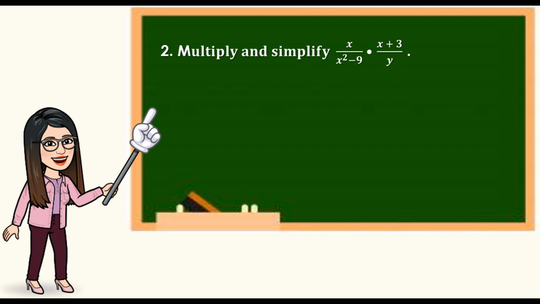2. Multiply and simplify x all over x squared minus 9 times x plus 3 all over y. Before we solve the given expression, let us first factor x squared minus 9. And the factors are x plus 3 and x minus 3. Let us solve.